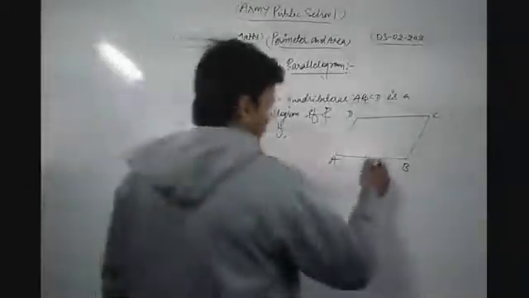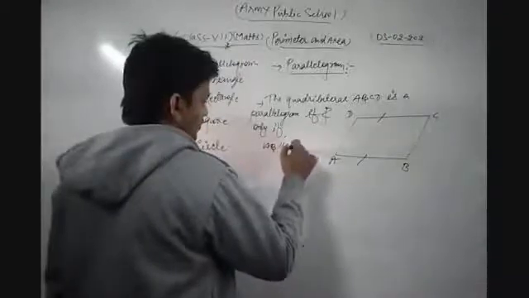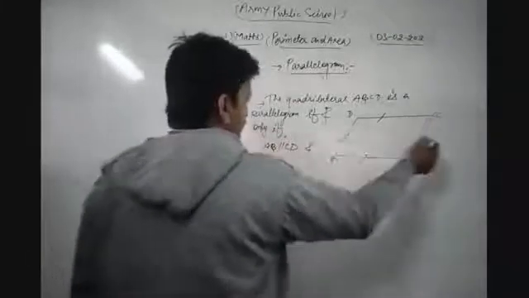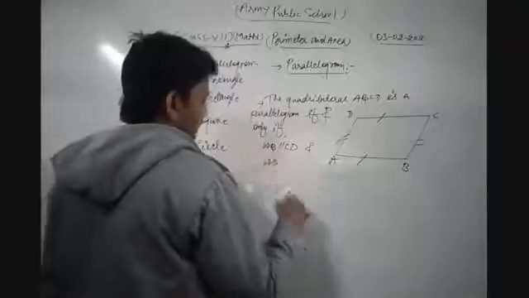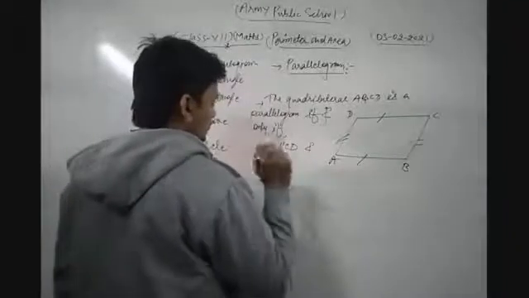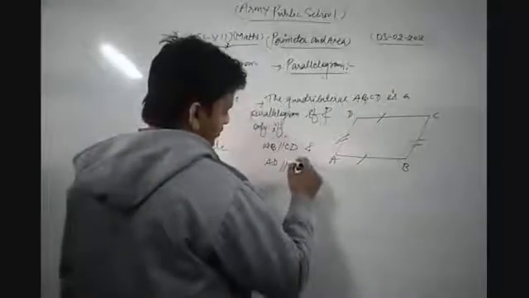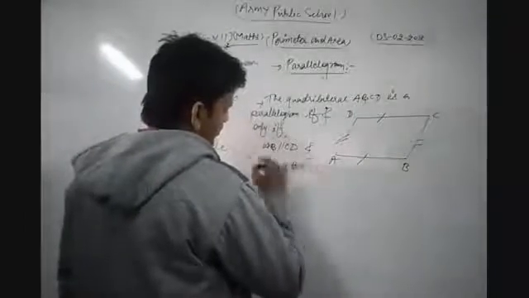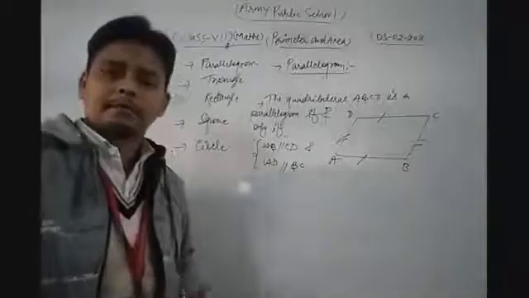Means AB is parallel to CD and AD is parallel to BC. Dear friends, these are the conditions for what?